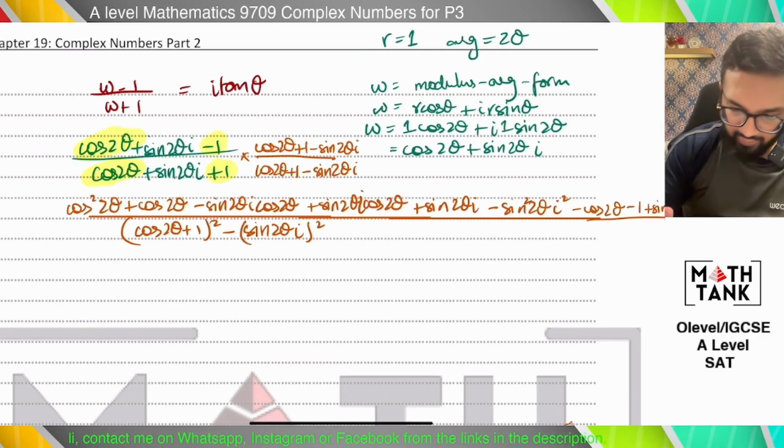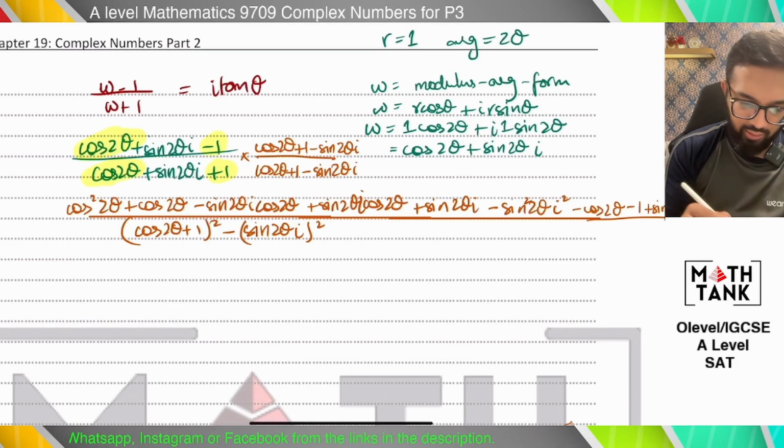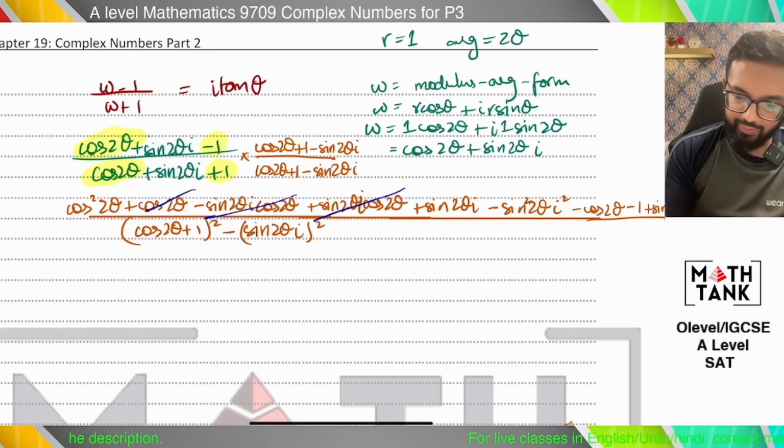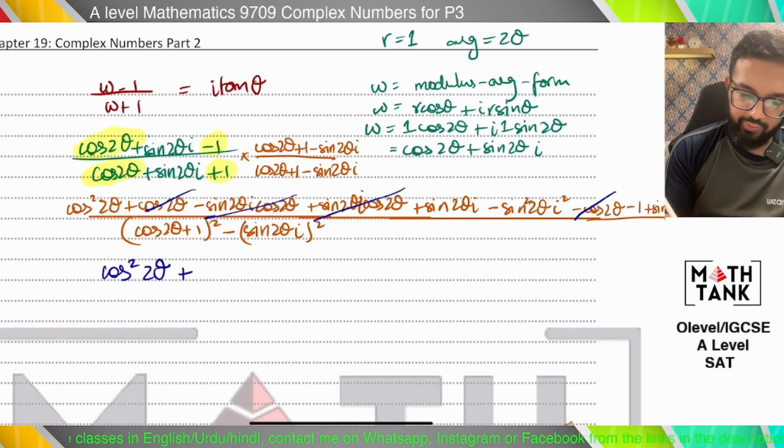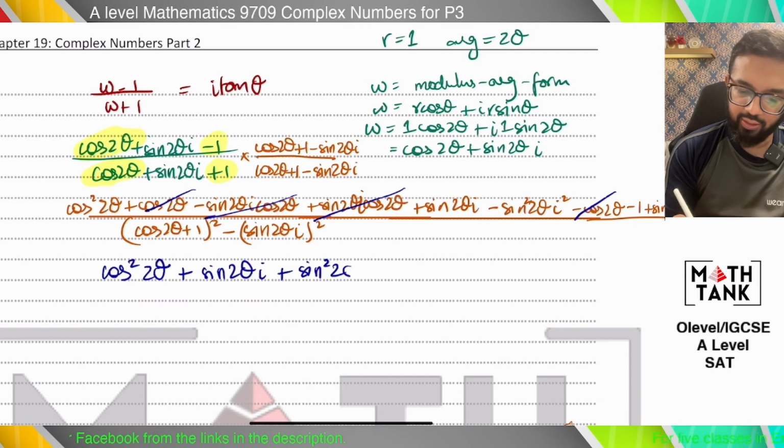Okay, I see lots of things that could cancel out possibly. So this cancels out with that, and this cancels out with that. So I have cos square 2 theta plus sine 2 theta i plus sine square 2 theta, where I changed i square to minus 1, plus sine 2 theta i.